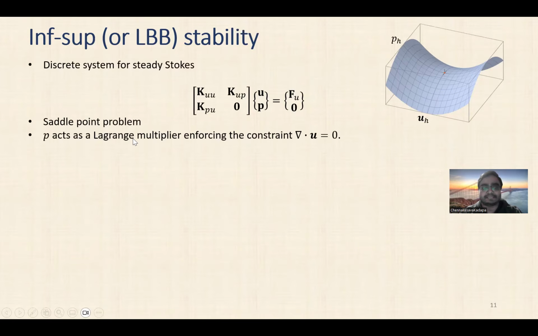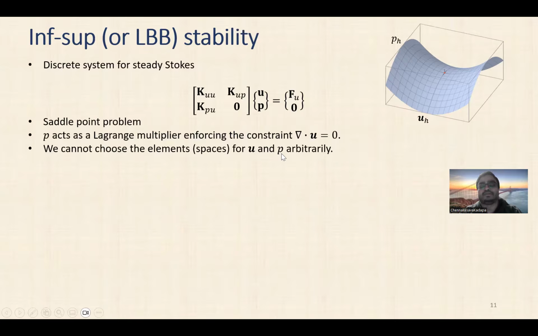Like I said, P acts as a Lagrange multiplier enforcing this constraint, the divergence of velocity is 0. Because of this, we can't choose our element spaces for velocity and pressure arbitrarily. That means we cannot choose them the same, which is what we did. That's why we have oscillations.